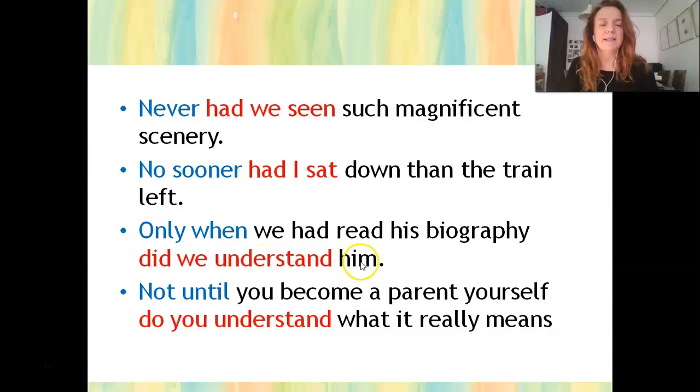Did we understand him? And not until is again a time linker, so it's followed by a time clause. Okay, so not until you become a parent yourself do you understand what it really means. Okay, auxiliary subject verb, but with only when and not until in the second part of the sentence, preceded by that time clause.